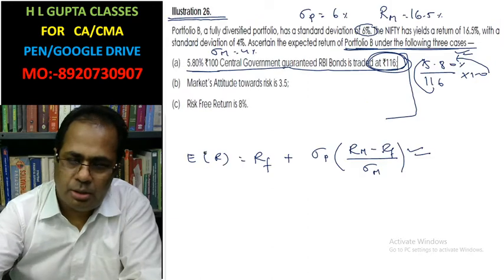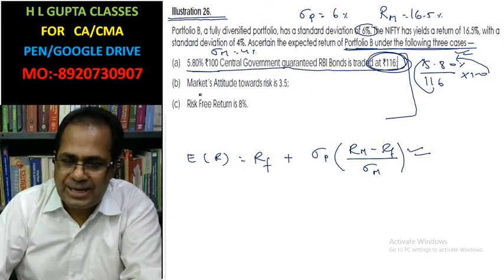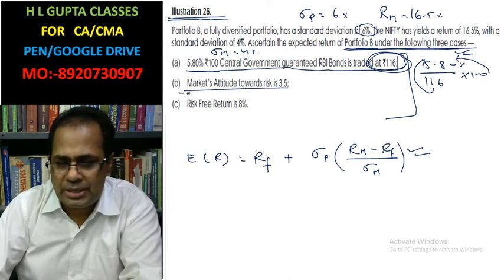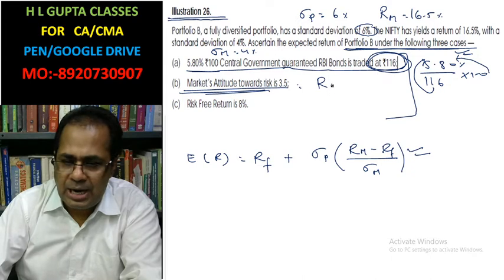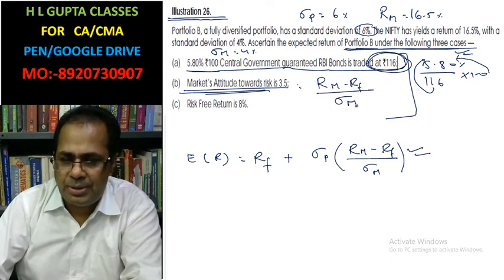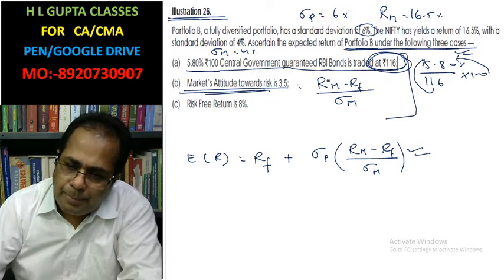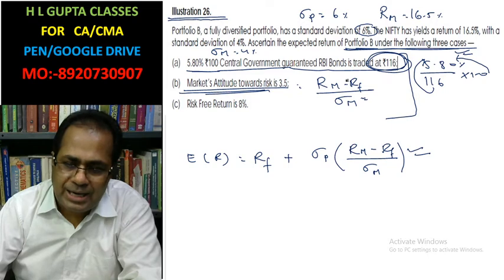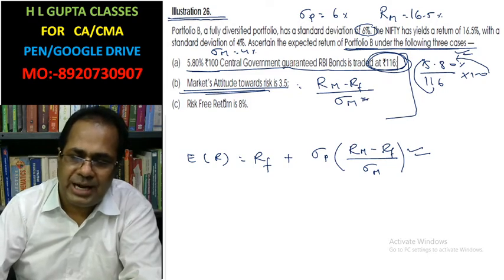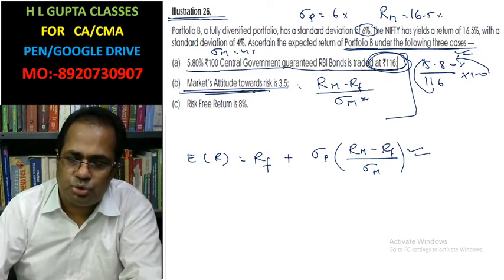Now case B. Please look here. In case B, market attitude toward risk. What does this mean? 3.5. This is RM minus RF divided by the standard deviation of market. This is the market premium towards the total market risk, also said to be the market attitude toward risk.